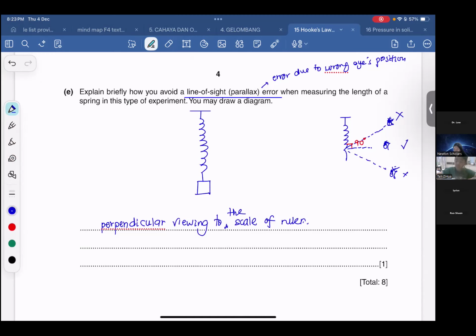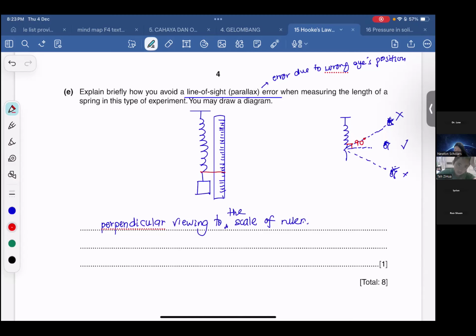Okay, next, here we can draw our ruler. Draw our ruler close to the spring, something like this. Okay, so this is our ruler. Okay, so here we can put a set square like this.